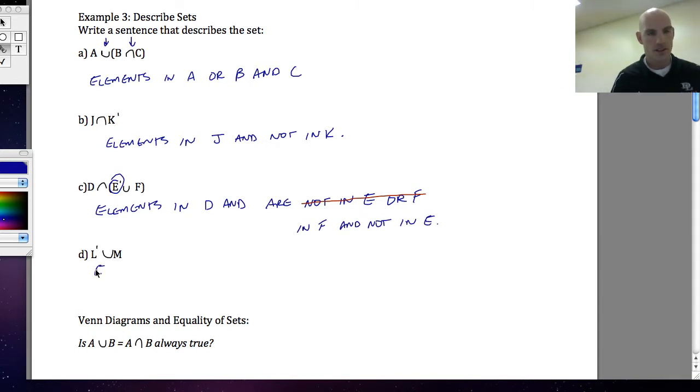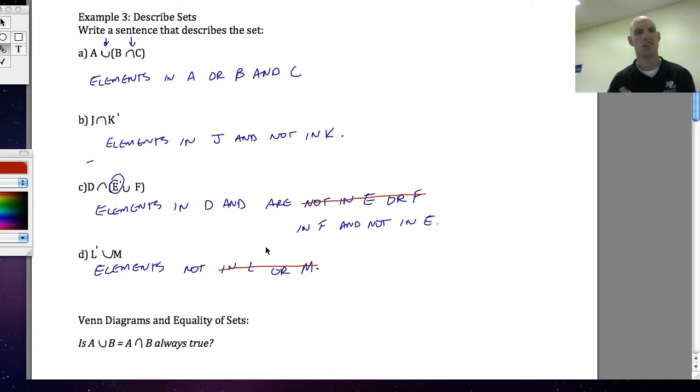What about this? Elements not in L or M. Is that clear? Ask yourself, is there any confusion that could arise? Well, what I'm going to say is, if it's not in L or M, that means not in L or not in M. Or does it mean the other way around?